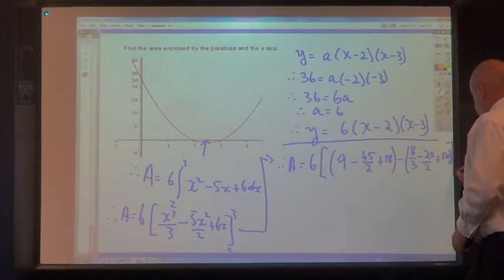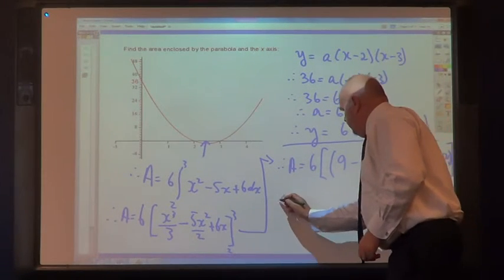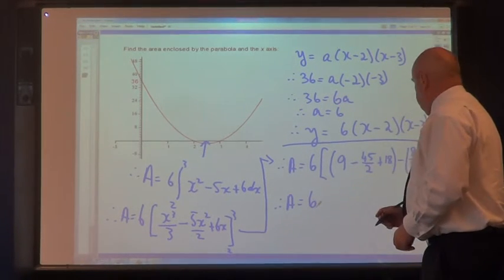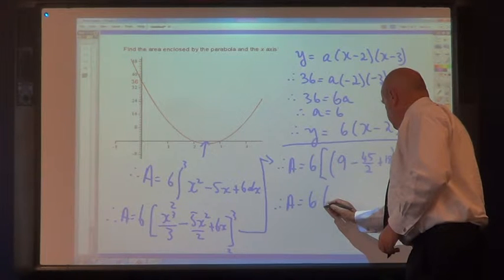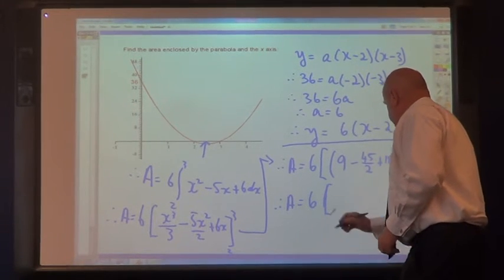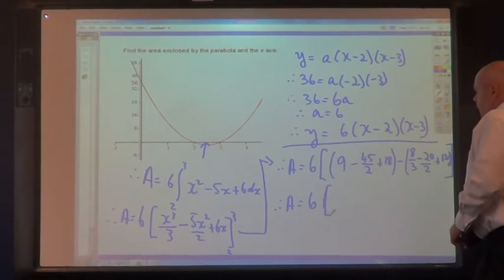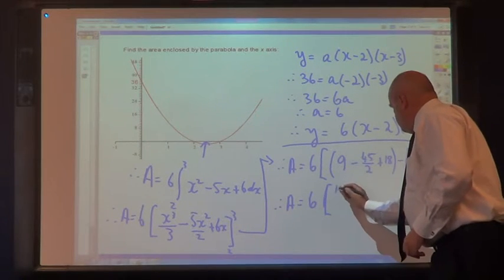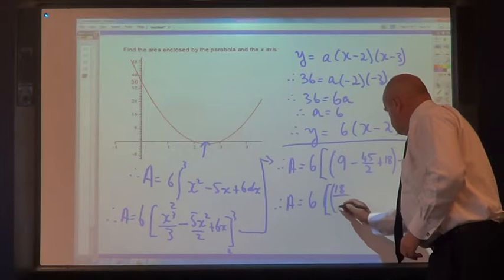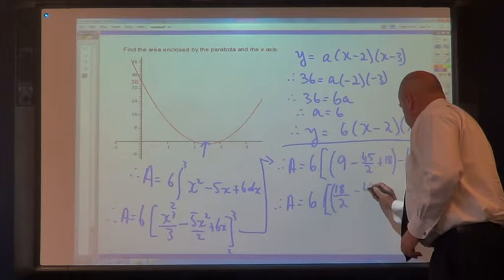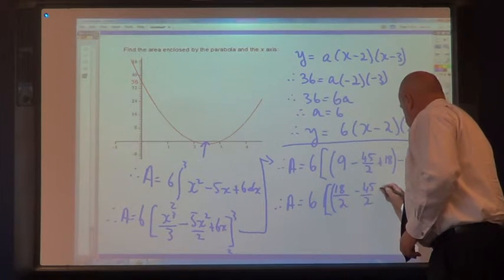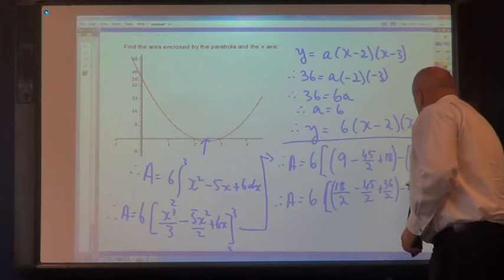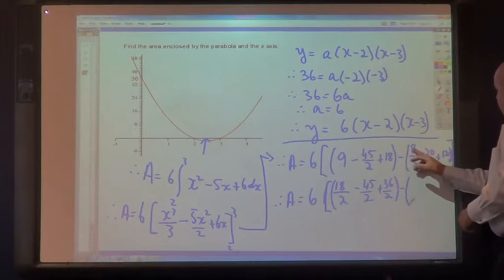Okay, we are very nearly there, just tidying up. Therefore, A equals 6 times, let's keep the square brackets going, 18 on 2, minus 45 on 2, plus 36 on 2, minus 8 on 3.